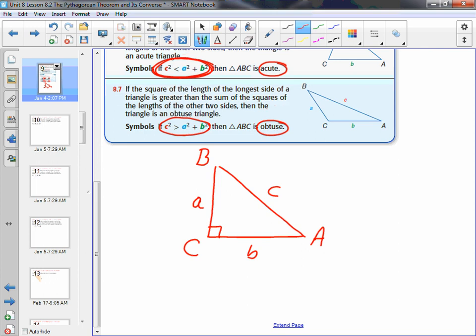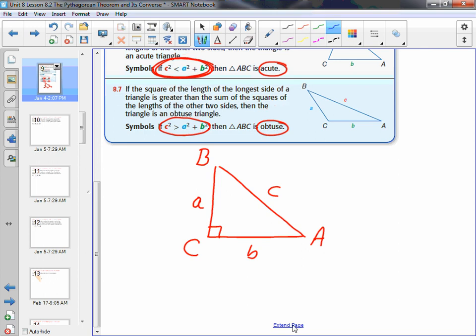Get it? Less than. If a right angle is our standard, what kind of an angle has a measure less than a right angle? An acute angle. So if the c squared part is smaller than what we expected, then angle C is smaller than what we expected, so angle C is an acute angle.